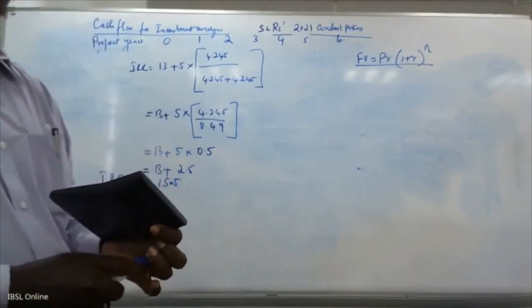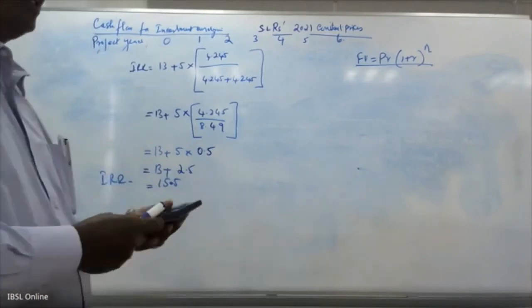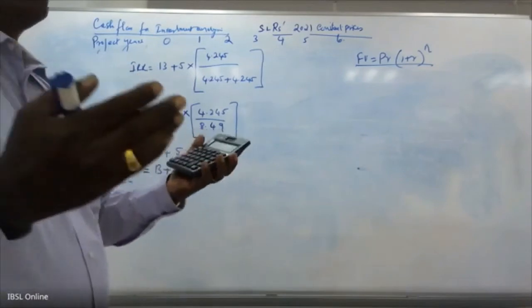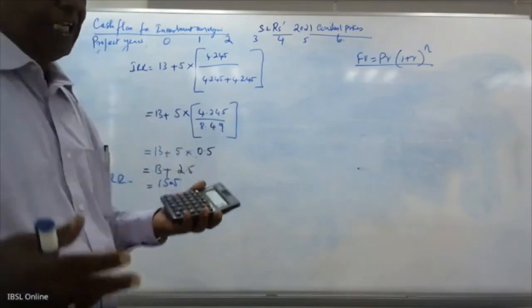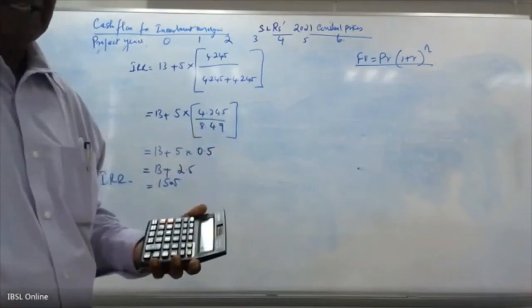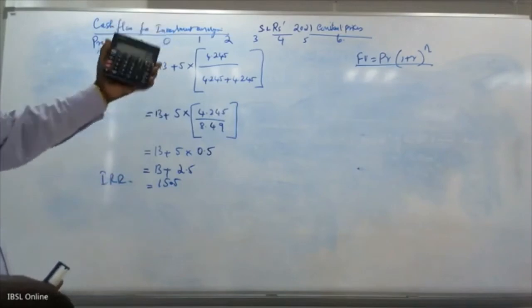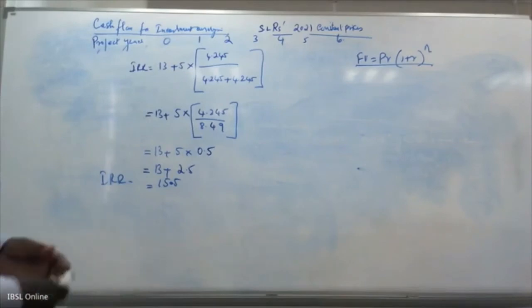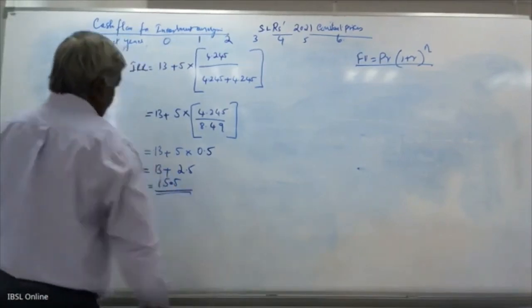That means if the borrowing interest rate is 15.5, the project is at the break-even point, neither profit nor loss, neither beneficial nor not beneficial. So this is the IRR, and this is the calculation for IRR.